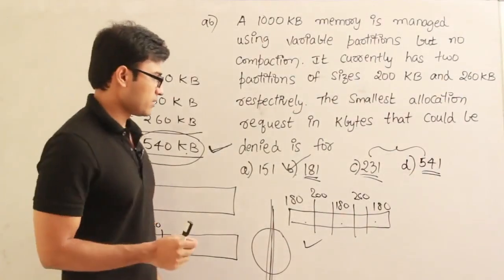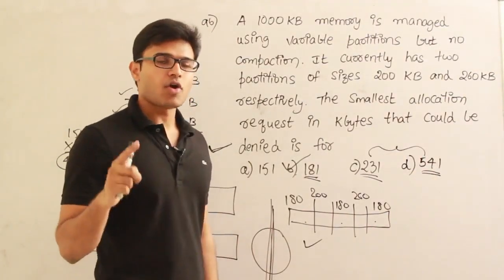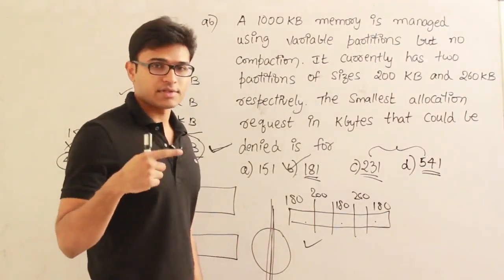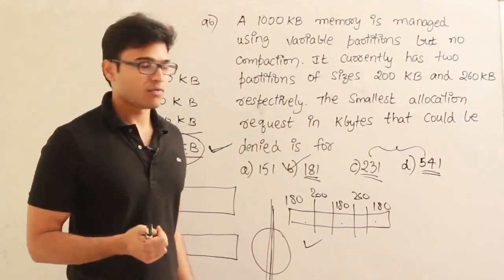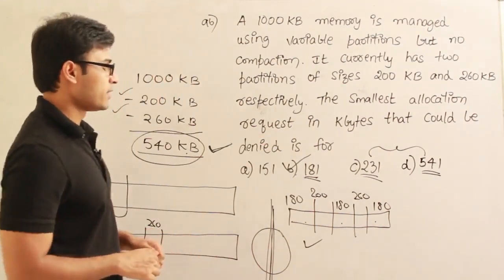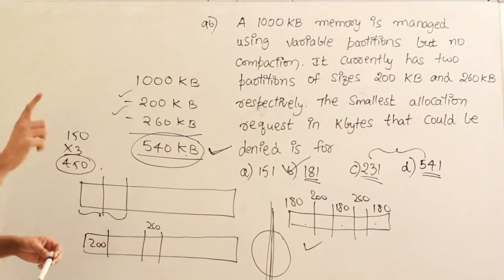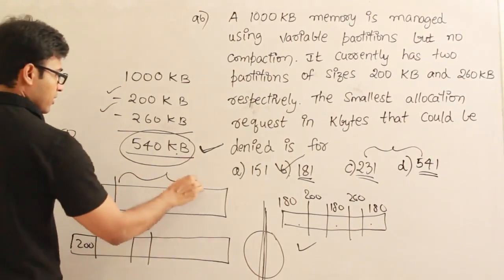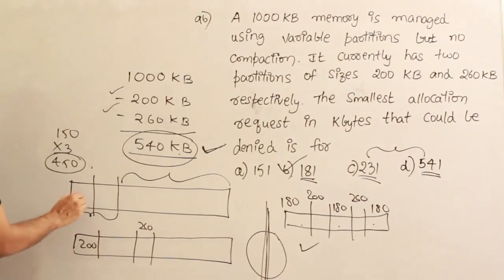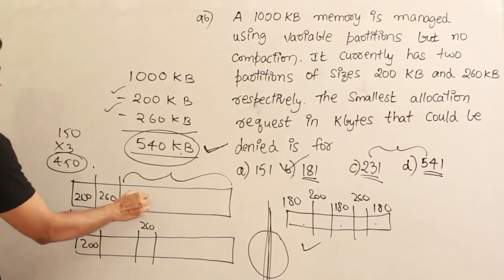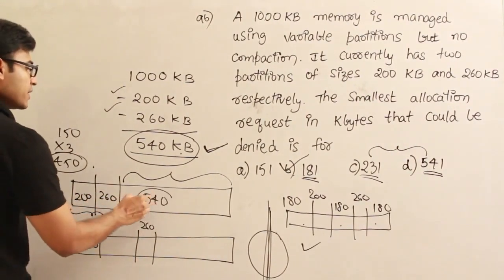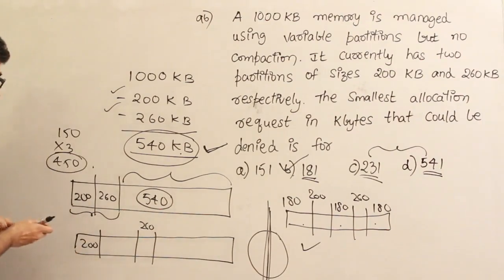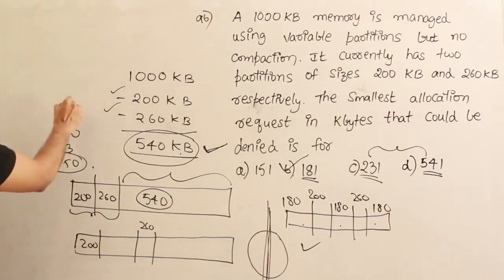Now in the same question, let us assume that they are asking what is the largest process size that could be denied? What is the largest request that could be denied? Then maybe this one is the right organization, which means 200 will be here and 260 will be here and the complete 540 will be here, right? So therefore the largest request that could be denied is 541.